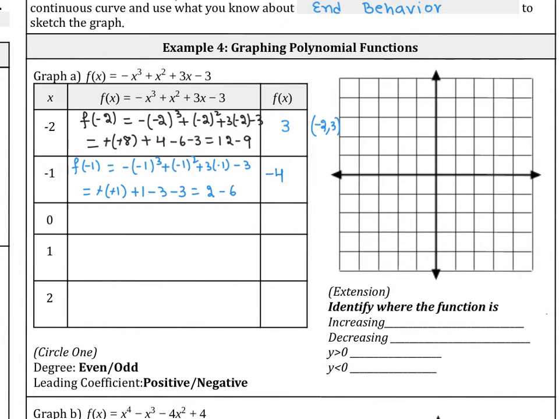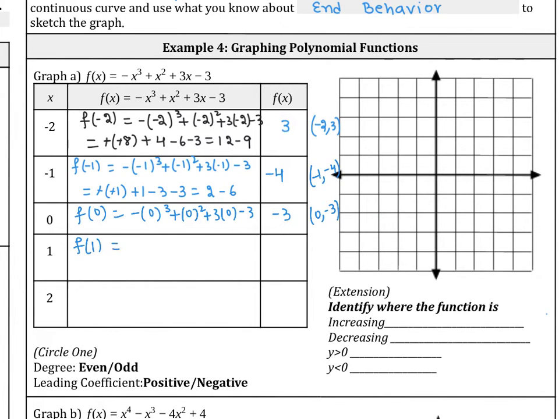And the coordinate point is (-1, -4). Put x equals 0 in all the x terms, so wherever you see x it is 0. And your answer should be -3. (0, -3) is your coordinate point.